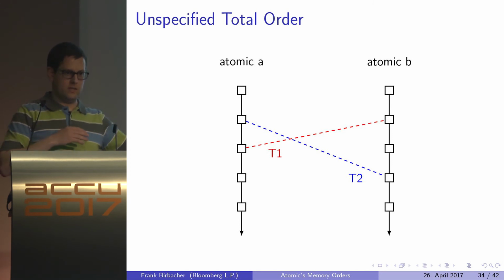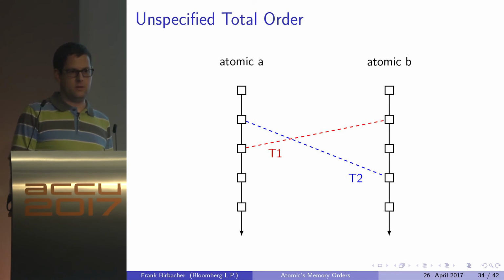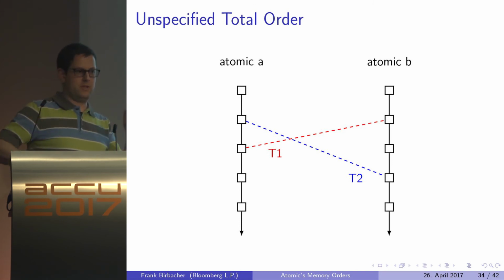Even if in one thread reading of B comes after reading of A, it might still read an older value than some other thread reading both of them. There's no ordering between different atomics by default, right?